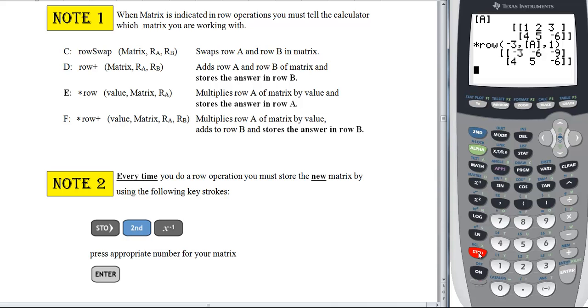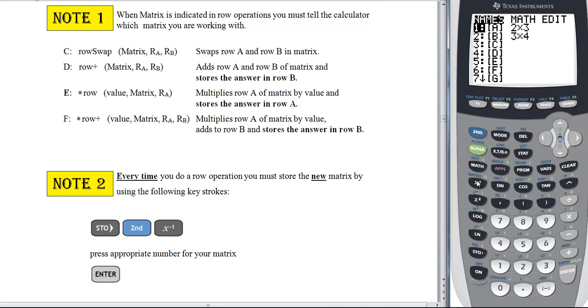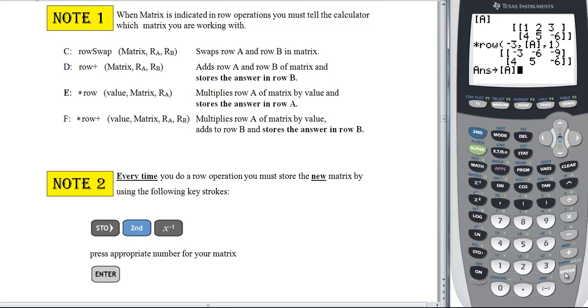I have to hit store, second, x to the -1, and then hit enter. And I always put it back on top of the matrix I'm working with. Now I have to hit enter one more time. And now it's stored in. My matrix has been changed because I stored it over the top of it.